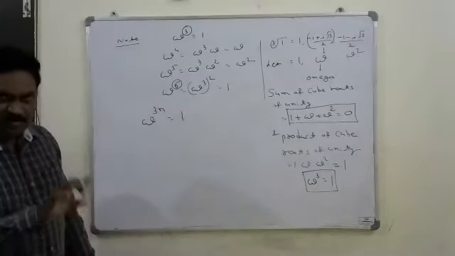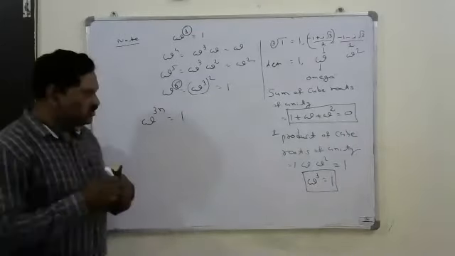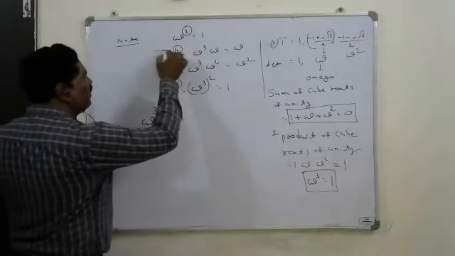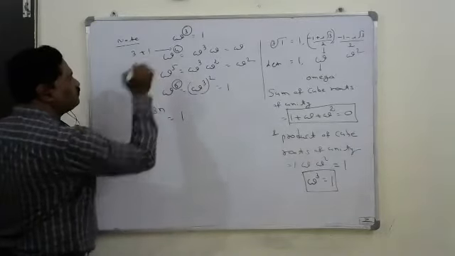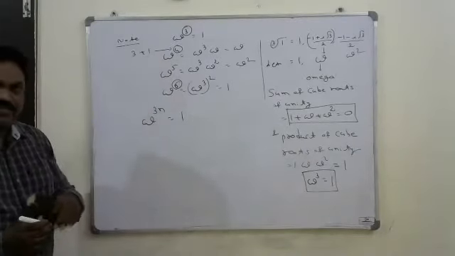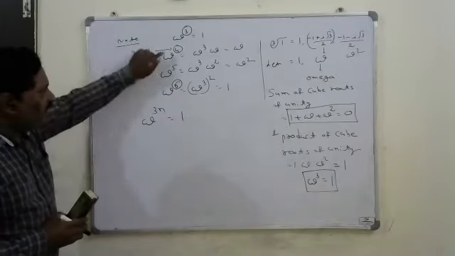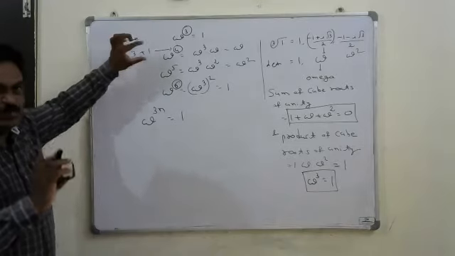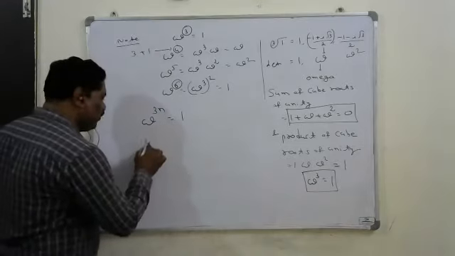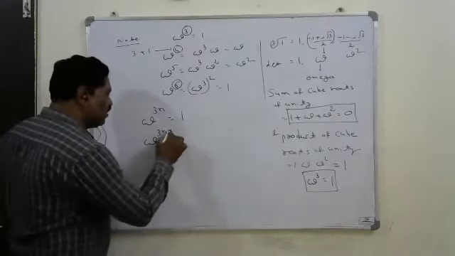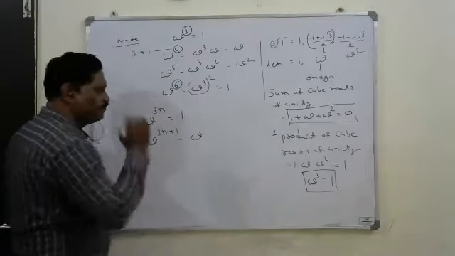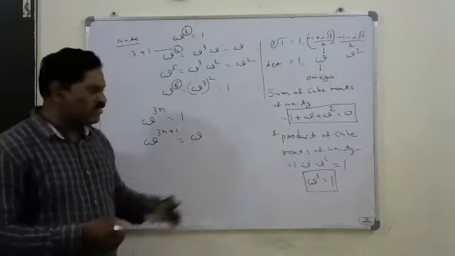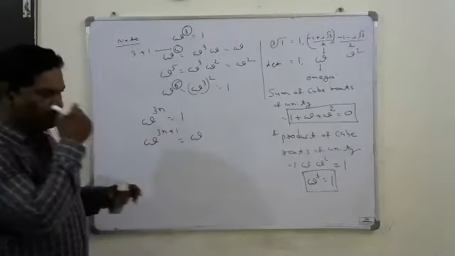Omega power 3n is equal to 1. Similarly, here the power is 4, which I can write as 3 plus 1. If the power is of the form multiple of 3 plus 1, that is omega power 3n plus 1, the value is omega.